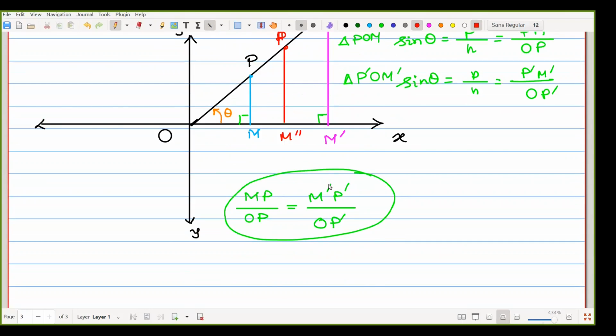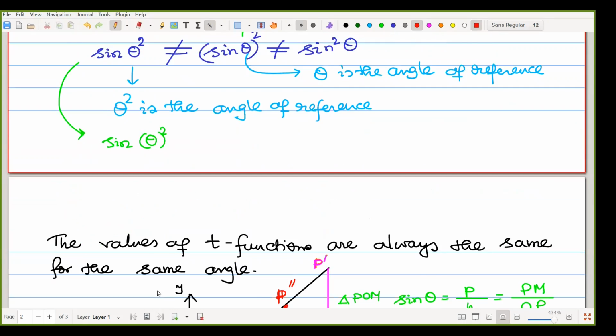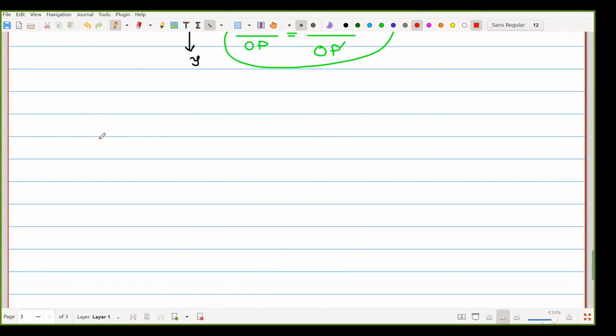Last one, when we are proceeding to the power. Suppose we have sine theta whole to the power -1. We cannot write it as sine -1 theta.